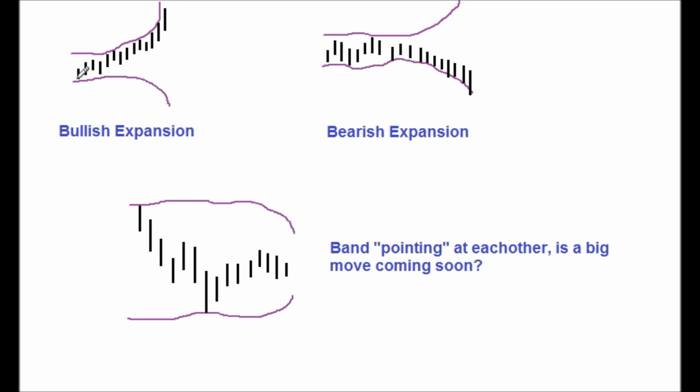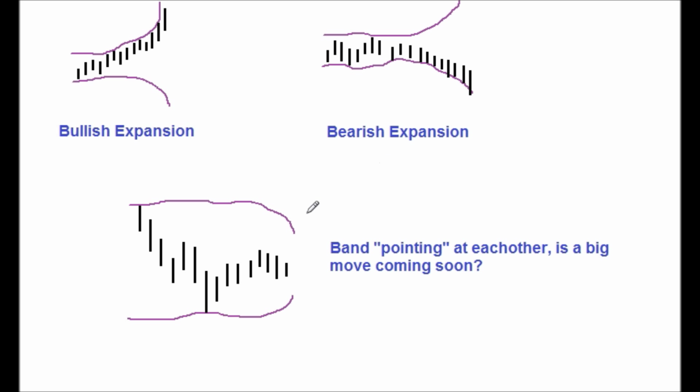The first thing to teach you is something called bullish and bearish expansions. What you'll have is the Bollinger Bands will be quite tight together, and then they will start to run away from each other. That is an expansion. An expansion means volatility, so a big move is about to occur.